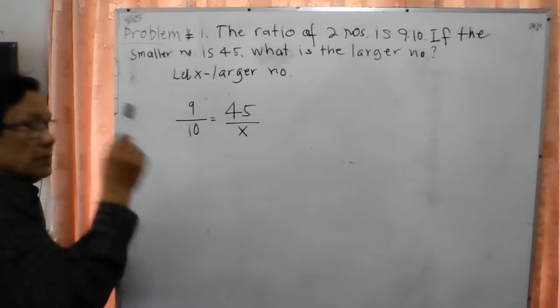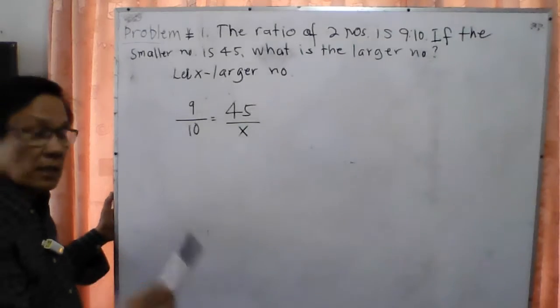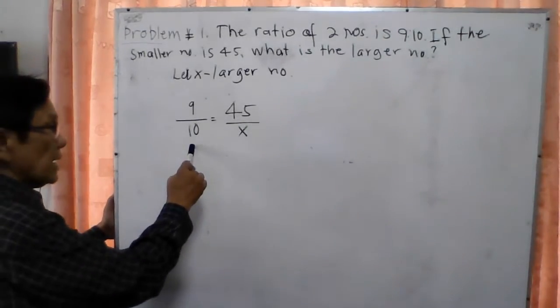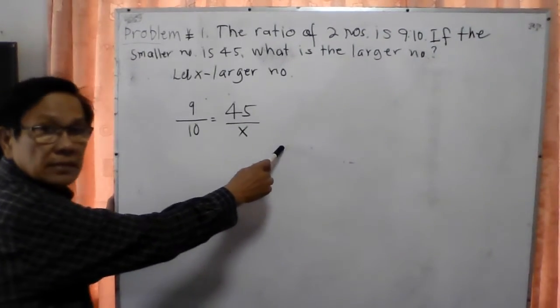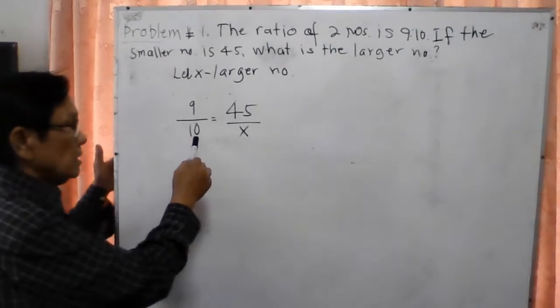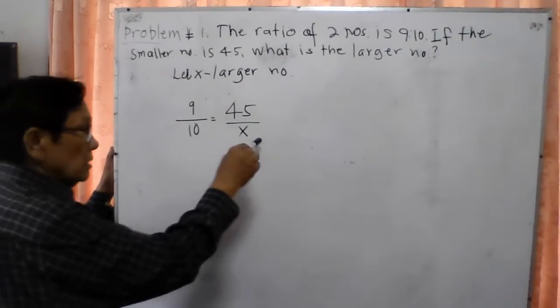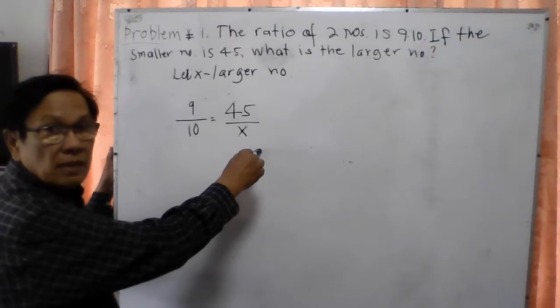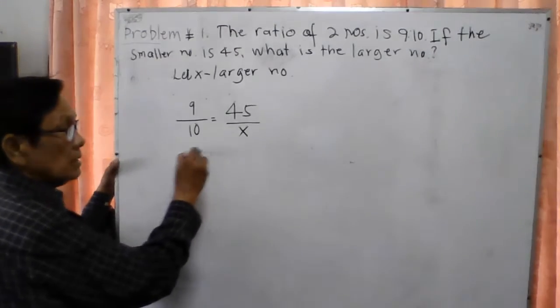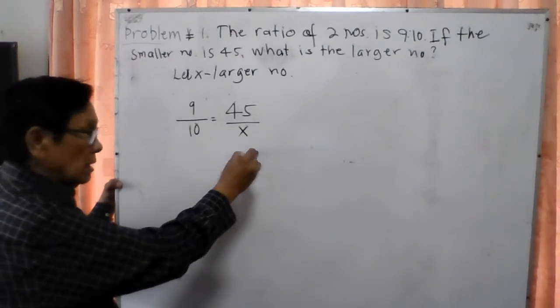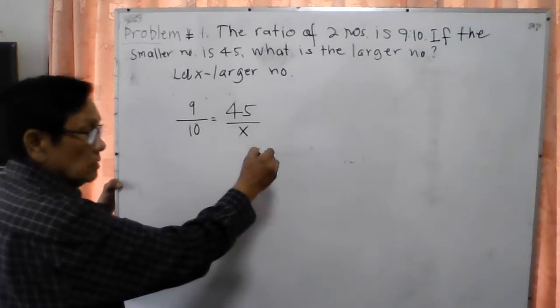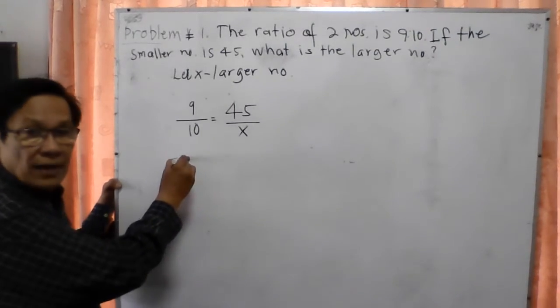But there is a rule in mathematics that whatever you do on the left side, you have to do on the other side. Which means if you multiply something here, you have to multiply this same thing. If you add something here, you have to add also here. If you subtract something here, you have to subtract. If you have to divide, then you have to divide.